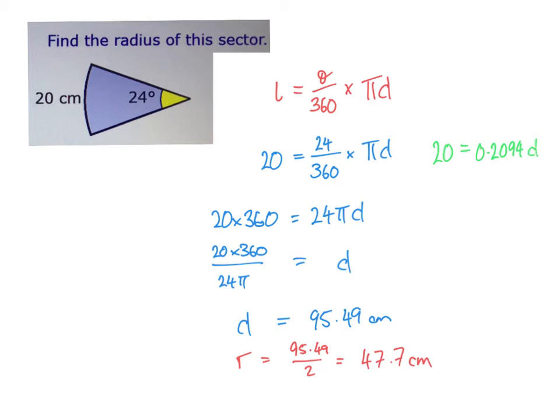You can just work out what that bit is, and then d would be 20 divided by 0.2094. And again, when you put that into your calculator, we get 95.49. It's just a slightly different way of doing it. You can work out 24 divided by 360 times pi as well, and sometimes you might find that a wee bit easier. Okay, either way is fine.